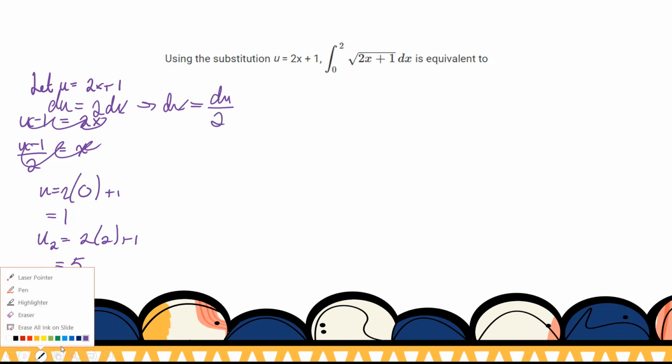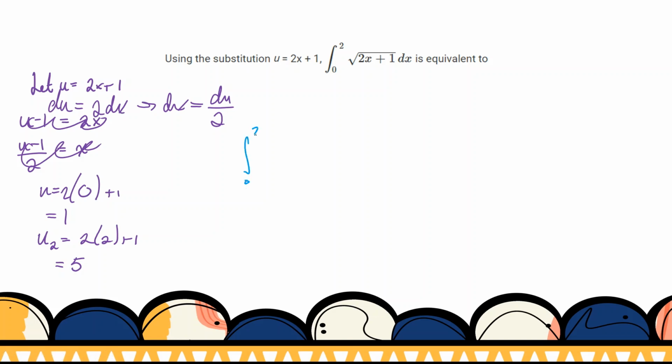And so we'll solve this in a different color. And I'll say the integral from 0 to 2 of 2x plus 1 dx is equal to now the integral of 1 to 5 of u times du over 2.